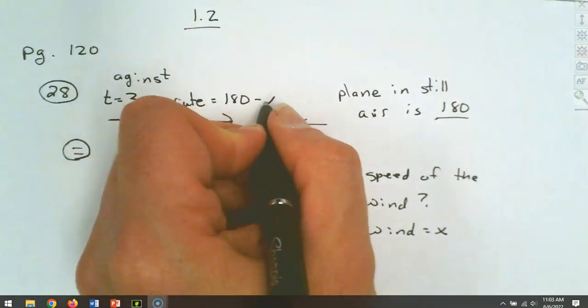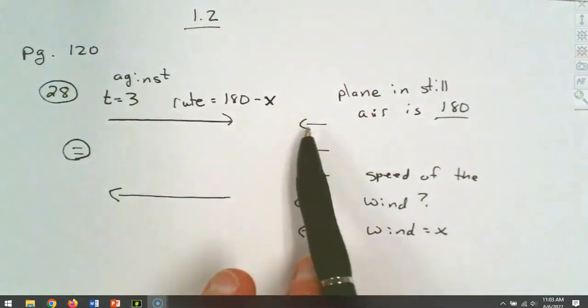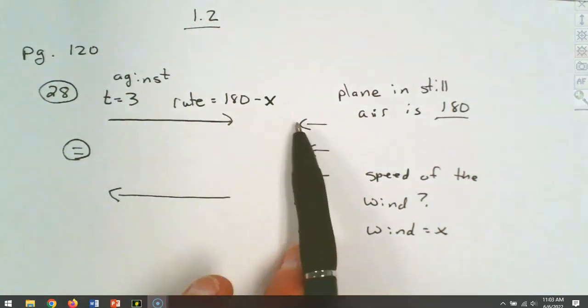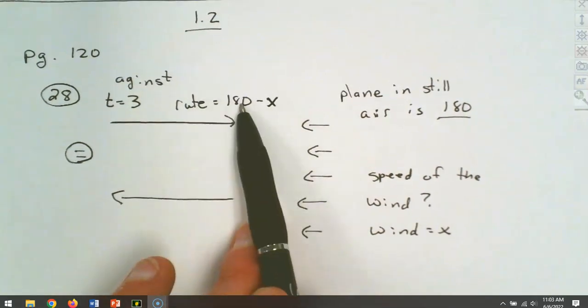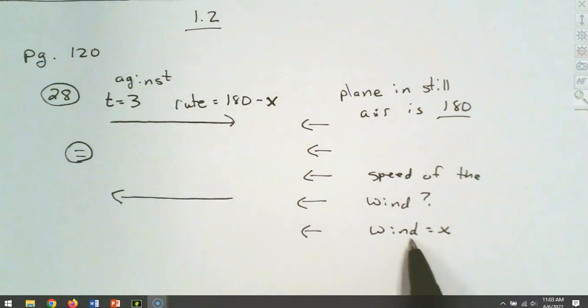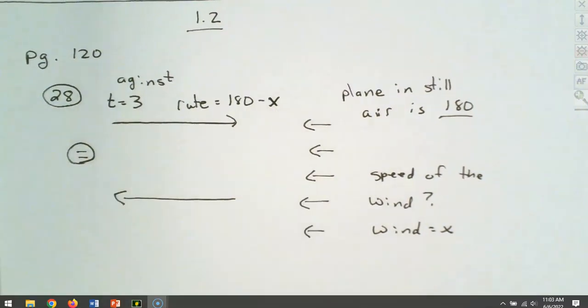Well, the wind is going to push it back, so it's going to be minus, right? Is everyone okay with that? One's plus, one's minus. So look at the direction of the wind. This is flying against it, so it's going to be a minus here. So this is my airplane speed. Wind is unknown, so we use an x there. And we know the time that it takes is 3.